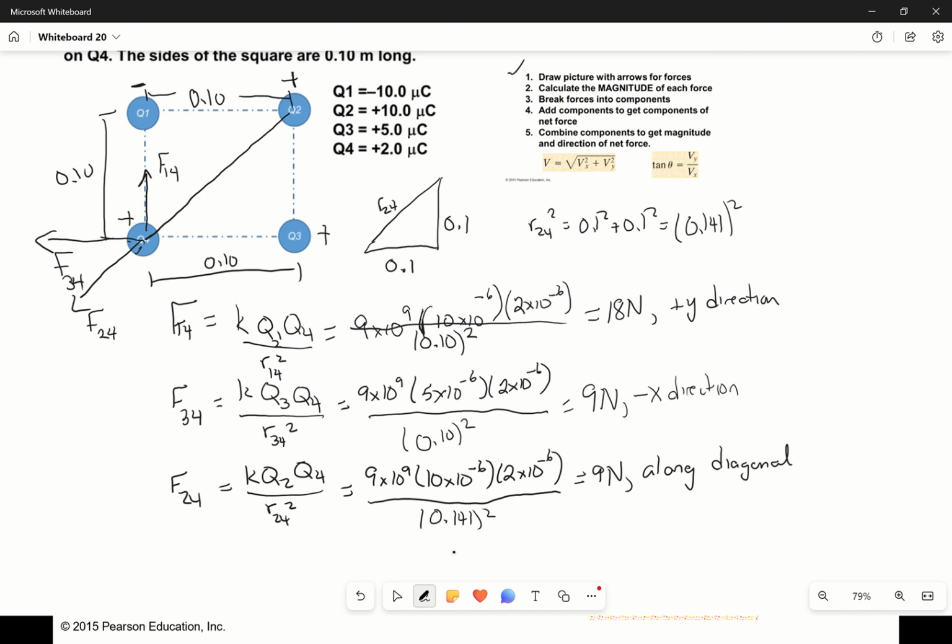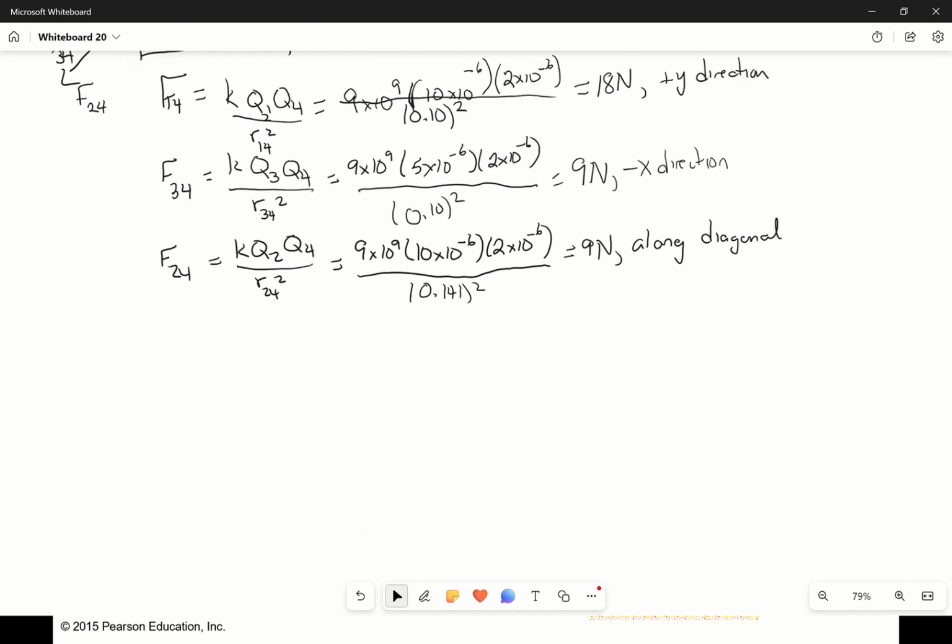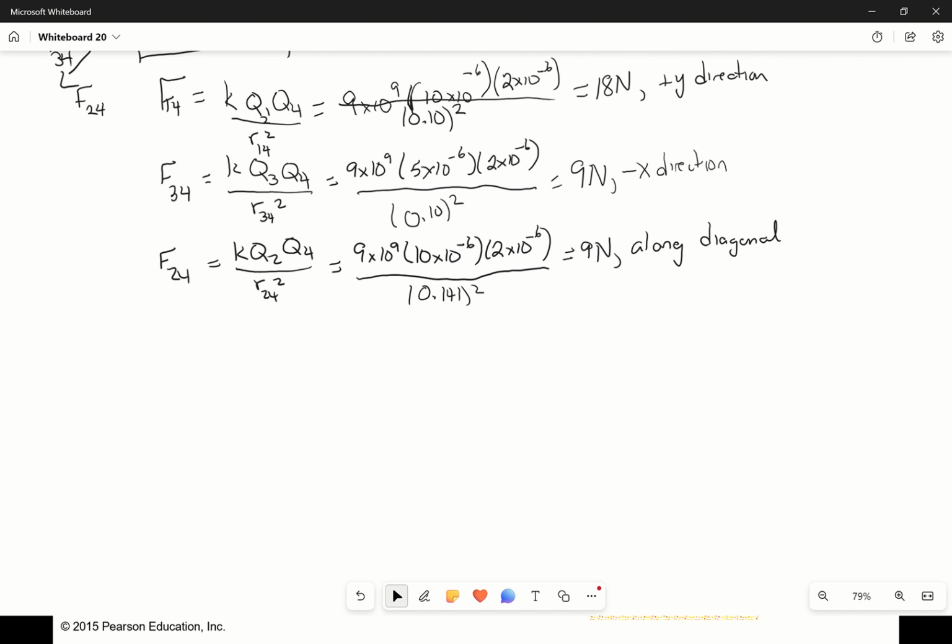We drew the picture. Step 2, we calculate the magnitude of each force. Now we need to break each force into components. So what I like to do is, let me pull this up. I like to make myself a little chart with the x components and the y components for each vector. So let's start again with the easy ones.